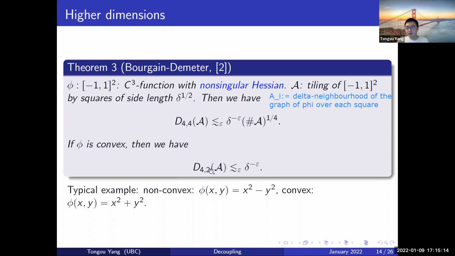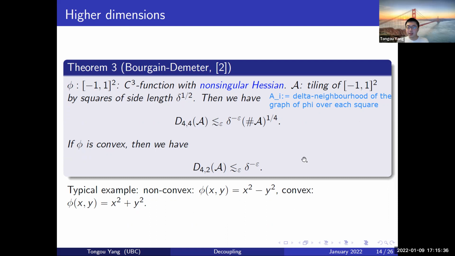But in a convex case, we can still show that the decoupling constant is roughly 1. Oh, and then lastly, this 4 is the critical exponent in 3D. So we can recall that in 2D, the critical exponent was 6, but now in 3D, the critical exponent is 4.